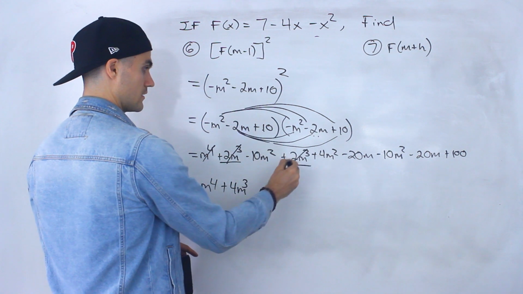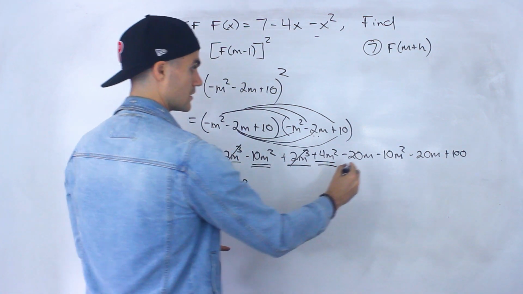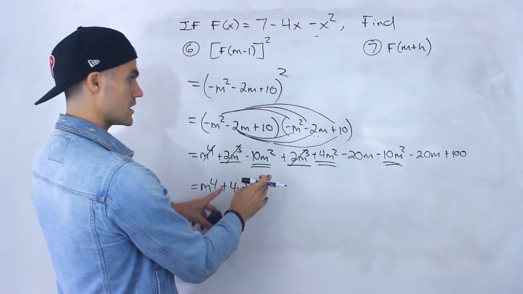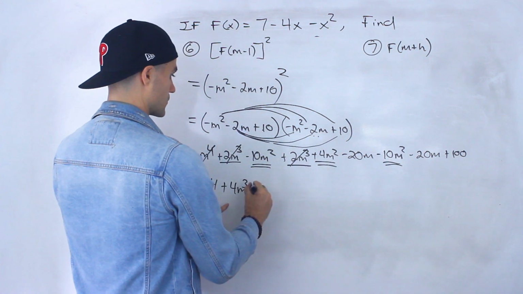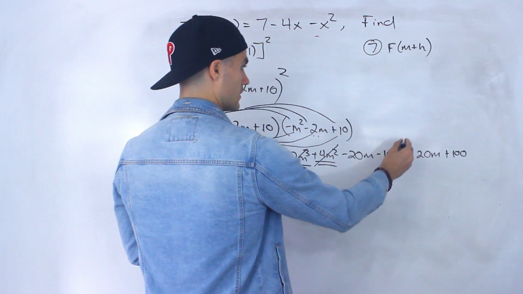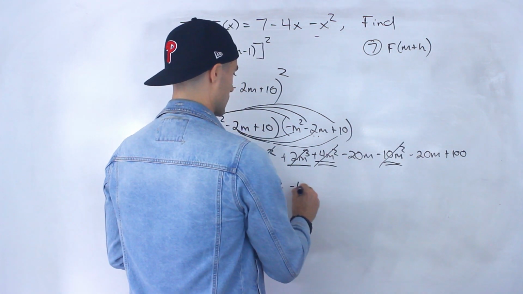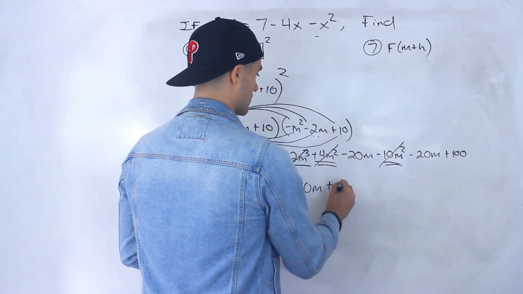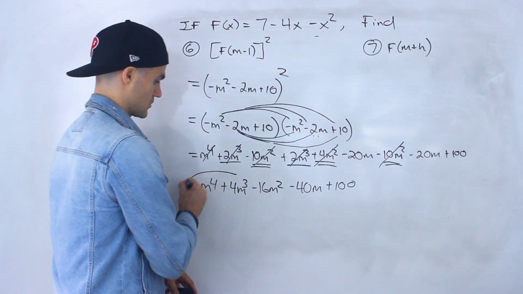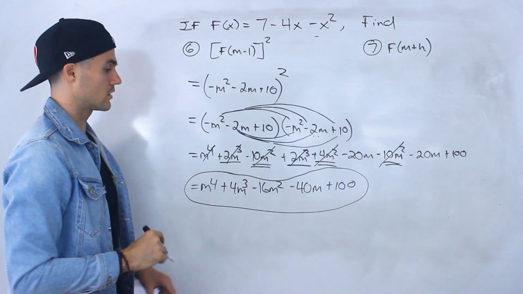Then we have negative 10m squared plus 4m squared minus 10m squared. That would be negative 20 plus 4, so negative 16m squared. Negative 20m minus 20m is negative 40m. And then plus 100, and you can't simplify that any further. So that there ends up being your final answer for number 6.